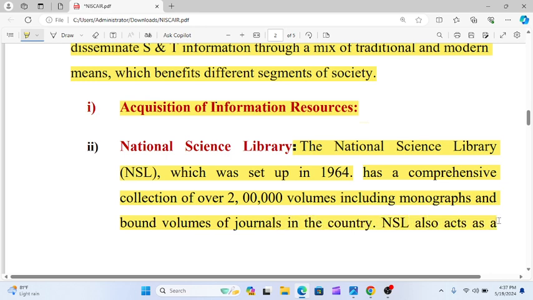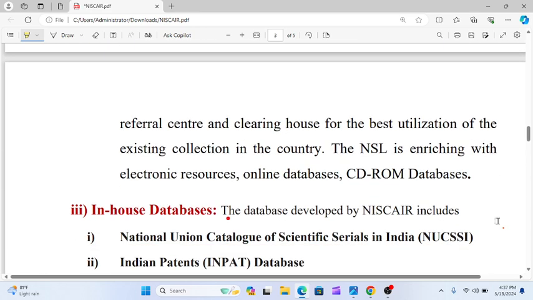The National Science Library also acts as a referral center and clearing house for the best utilization of the existing collection in the country. The NSL is enriching its collection with electronic resources, online databases, and CD-ROM databases.